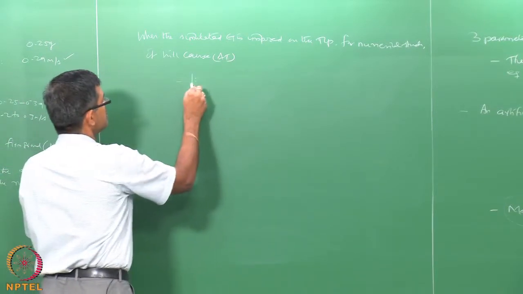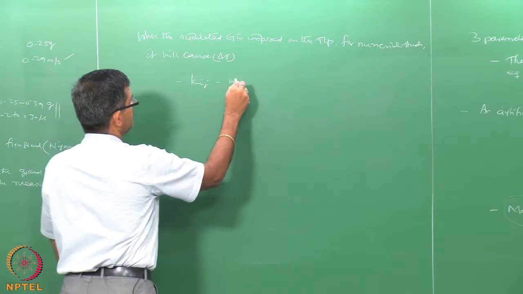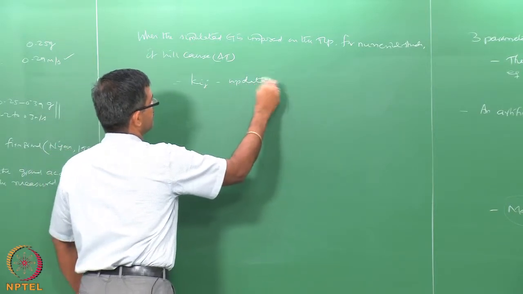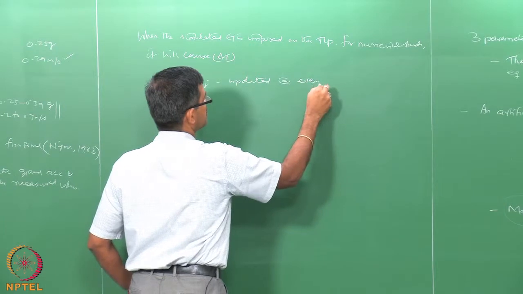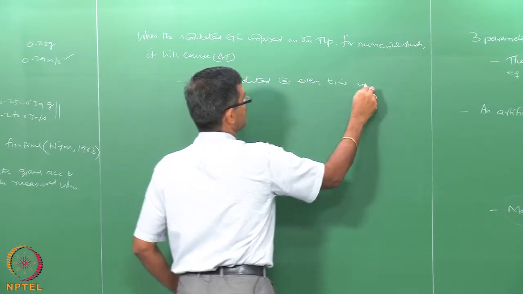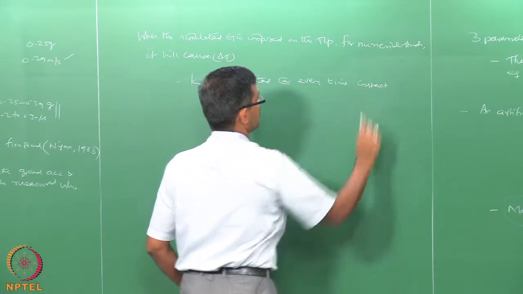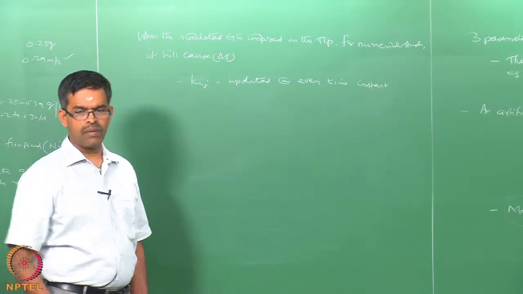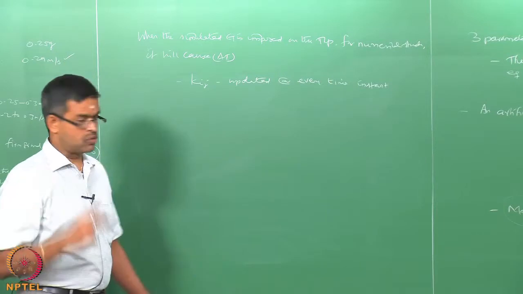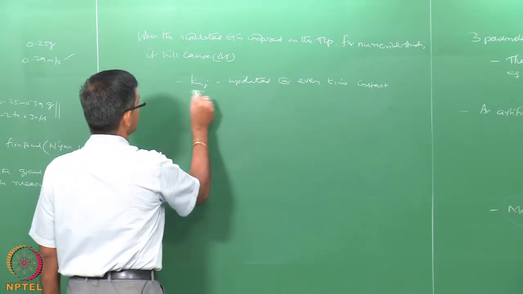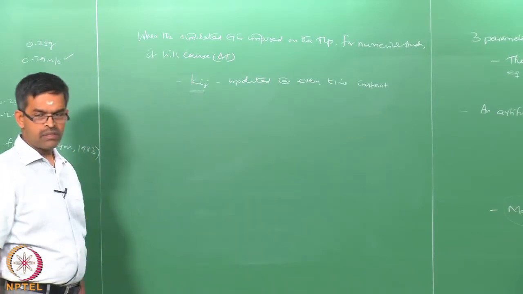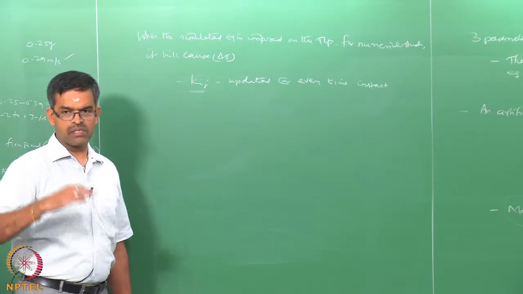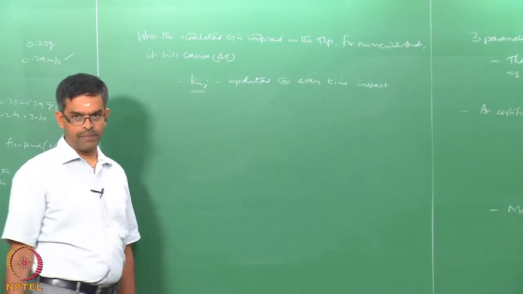Therefore, the stiffness coefficients will be updated at every time instant, which will now make the equation of motion completely dependent on two issues. One is the variation in the stiffness coefficient, the other is variable submergence created due to the aerodynamic loading.